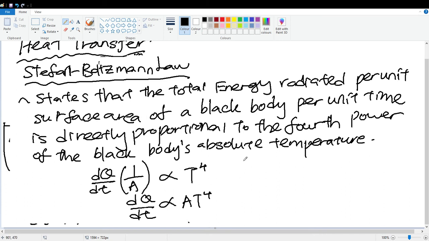So in the form of equation, it equals sigma AT^4.